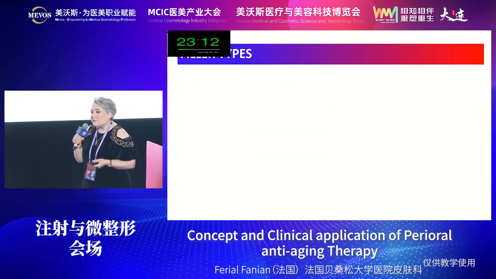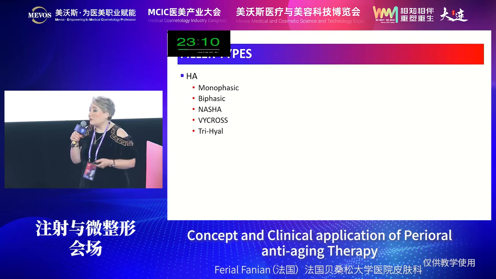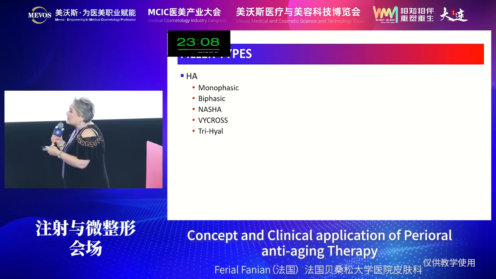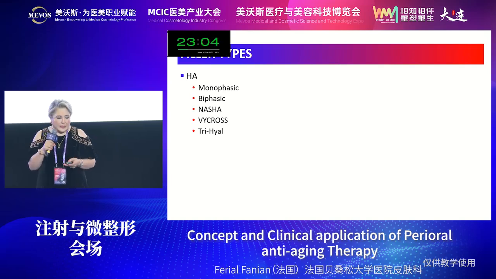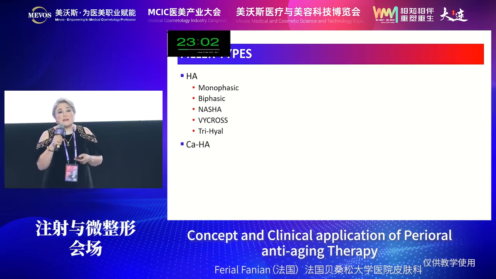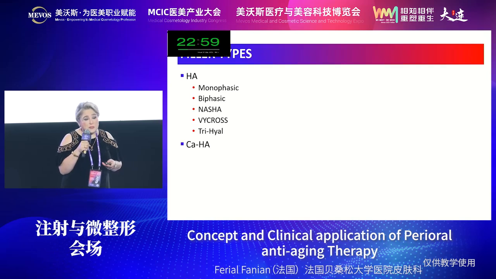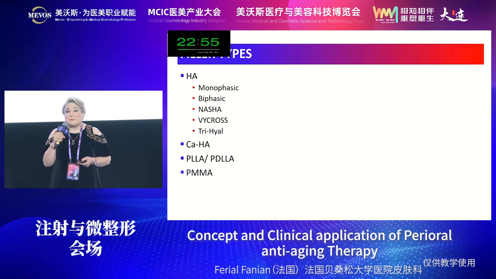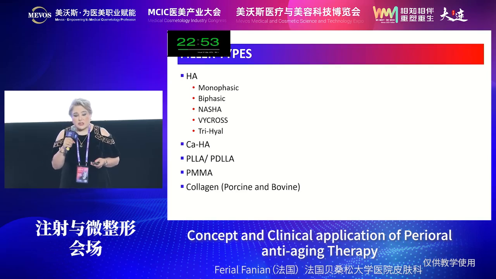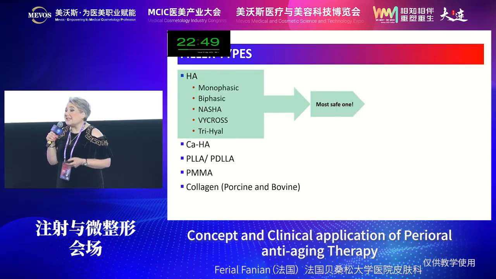Which filler type can we use? The HA fillers, all of them, are in these publications: the monophasic, biphasic, NASHA, Vycross, and everything. This is the footprint of the calcium hydroxyapatite, PLLA, PDLLA, PMMA, and also collagen, porcine and bovine. But the safest one is the HA filler.